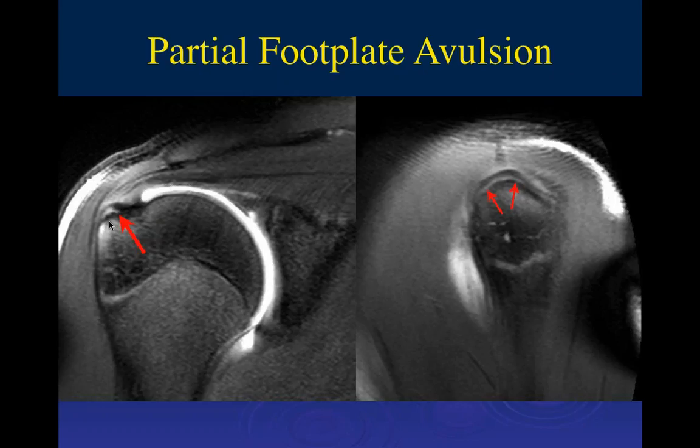Yeah, it's the calcific area of the insertion. Yes, the calcified layer. I don't think you would do anything for this. You certainly would just put a sling on. I don't think that you would operate on this. Okay. Yeah, you're the surgeon.